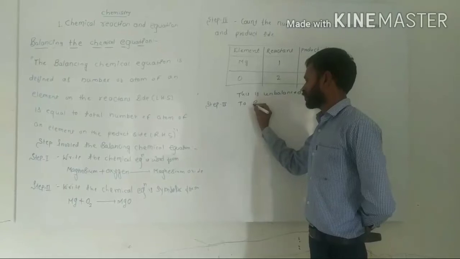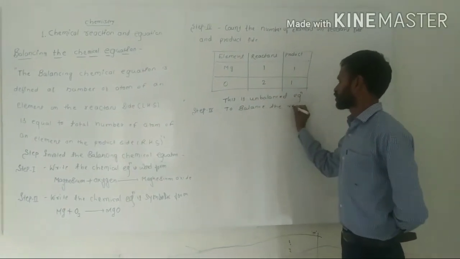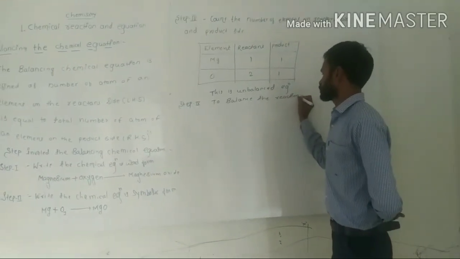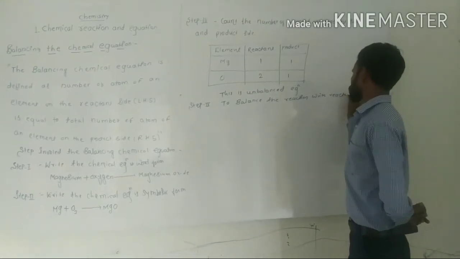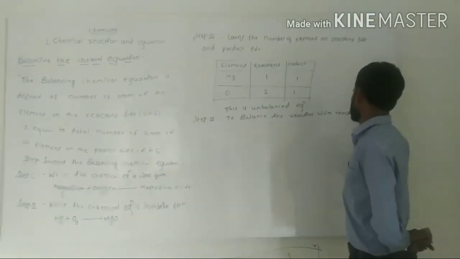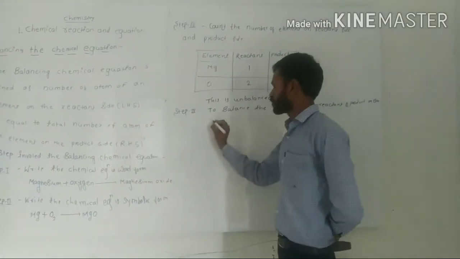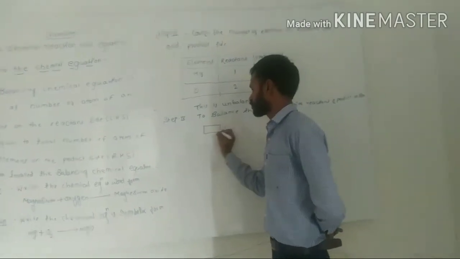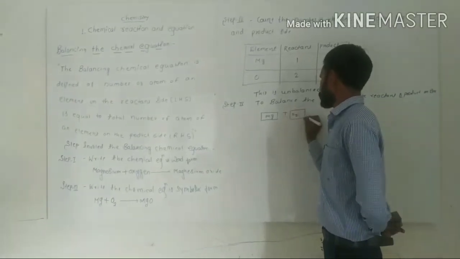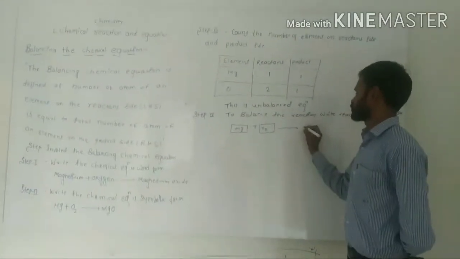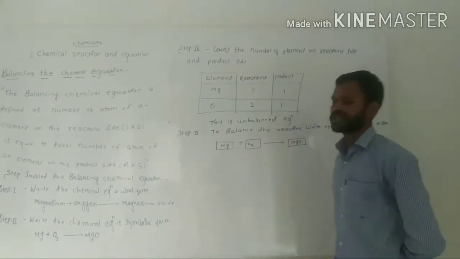To balance the reaction or equation, write reactant and product in boxes. So simply Mg in a box, O2 also represented in a box, gives rise to MgO, also represented in a box.